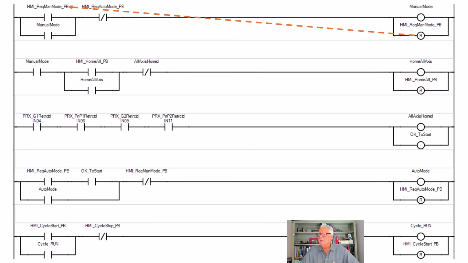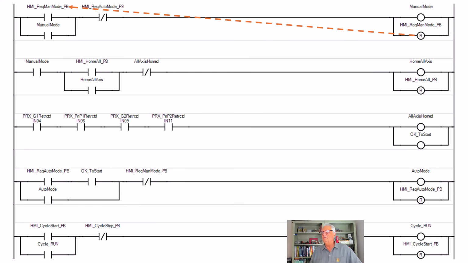A latch and unlatch instruction has a single true execution, no false execution in the logic. Same thing with set and reset. To simulate a momentary push button, if you're going to right-click on the tag name and toggle bit, then I use a reset instruction.